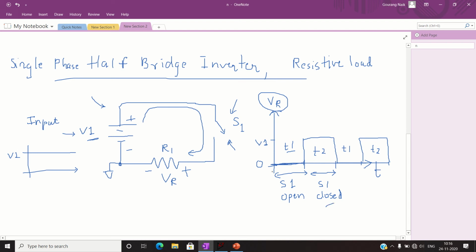Now here I am only getting the voltage across this resistance from 0 to positive. I am not getting any negative value or the value which is lower than my reference voltage or 0. If I want to get that, what I have to do is connect one more supply and one more switch. So that we will see now.